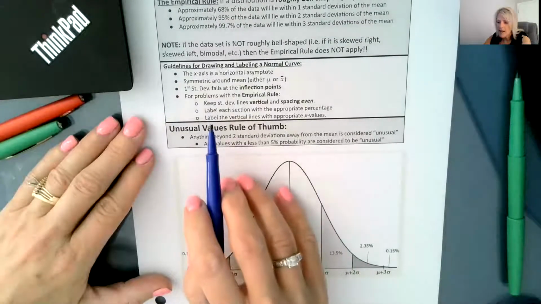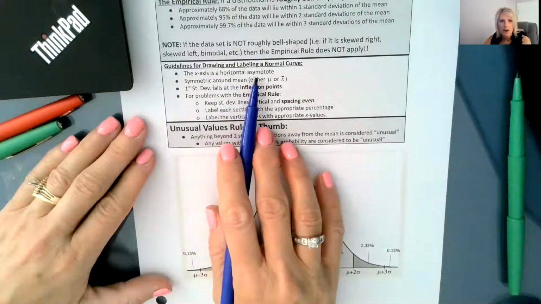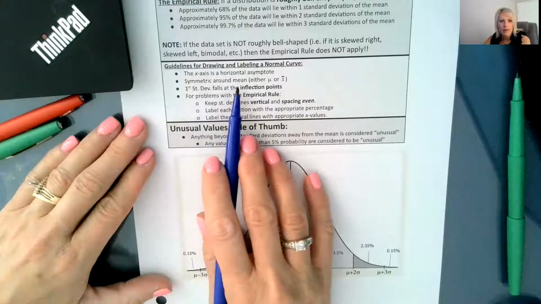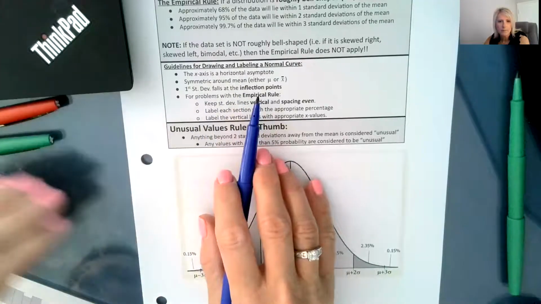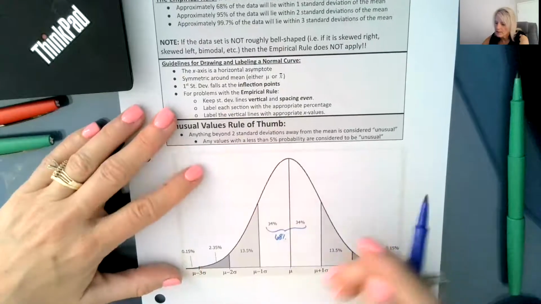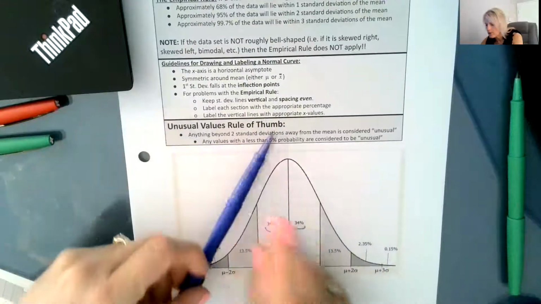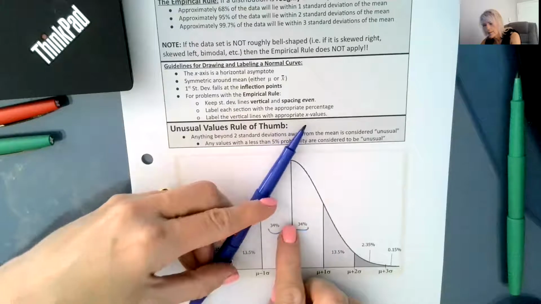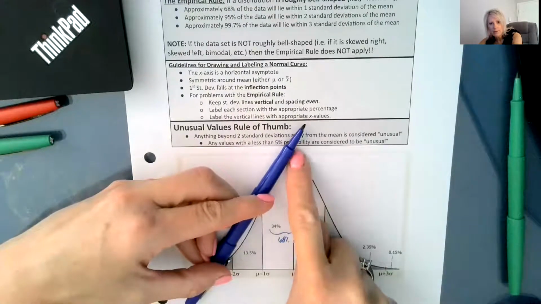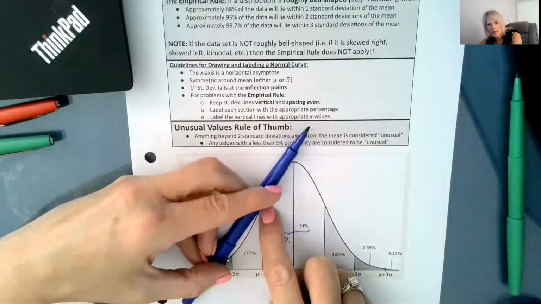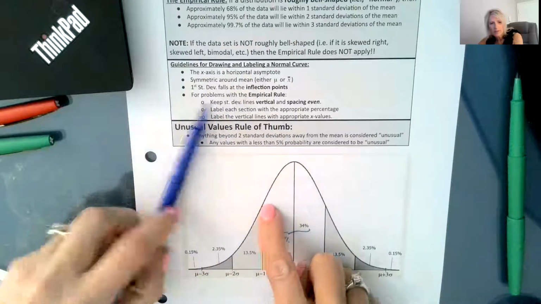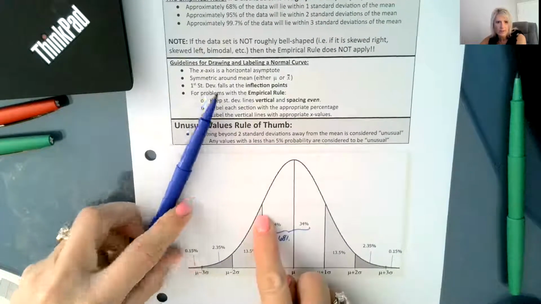It says the x-axis is a horizontal asymptote, symmetric around the mean. The first standard deviation falls at the inflection points. Inflection means where it starts to turn. So if you were to draw a straight line from the mean, the top here, where the mean starts and goes straight down, is where it starts to turn. You can see it starts to turn right here at the first standard deviation.